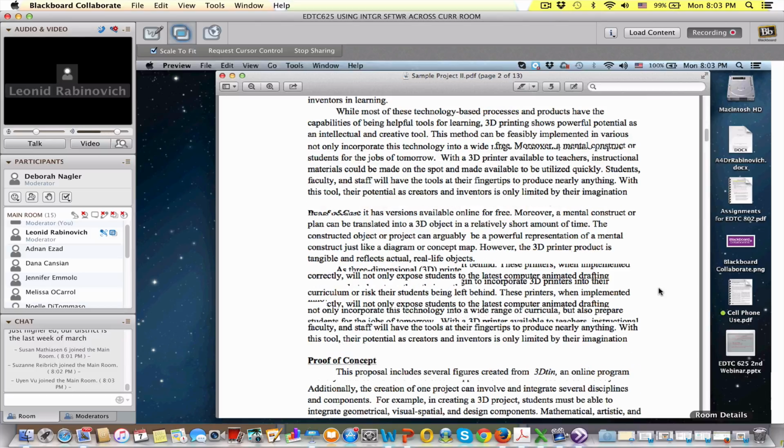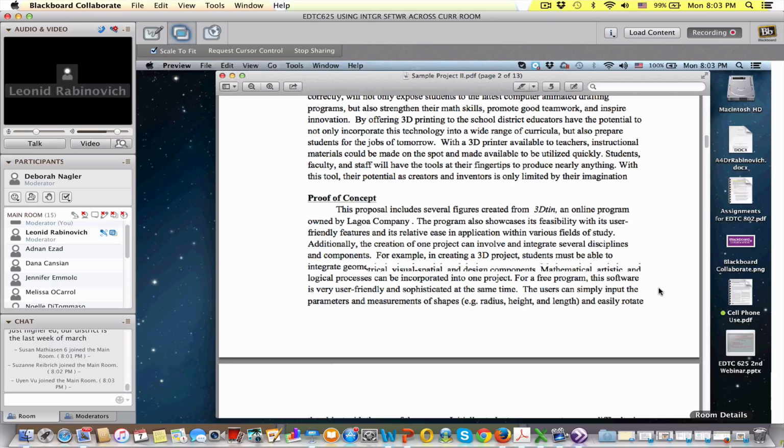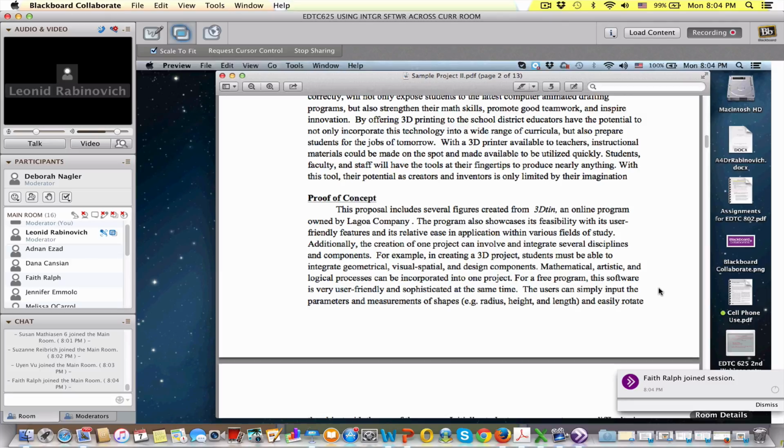Then they went into the proof of concept, providing their ideas and perspective of how this technology could serve as a sort of catalyst for a change in the way we use technology in the classroom, and also going back to Papert's idea and Hopper's idea, thinking how you can integrate this technology in different subject areas and in different contexts.